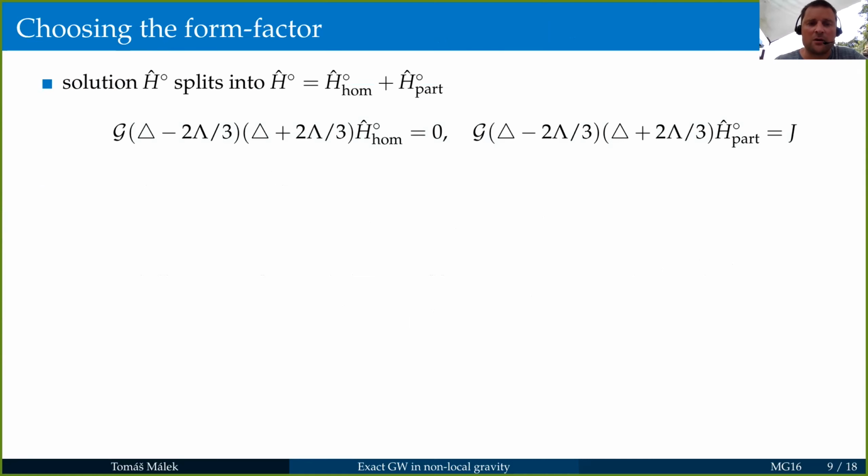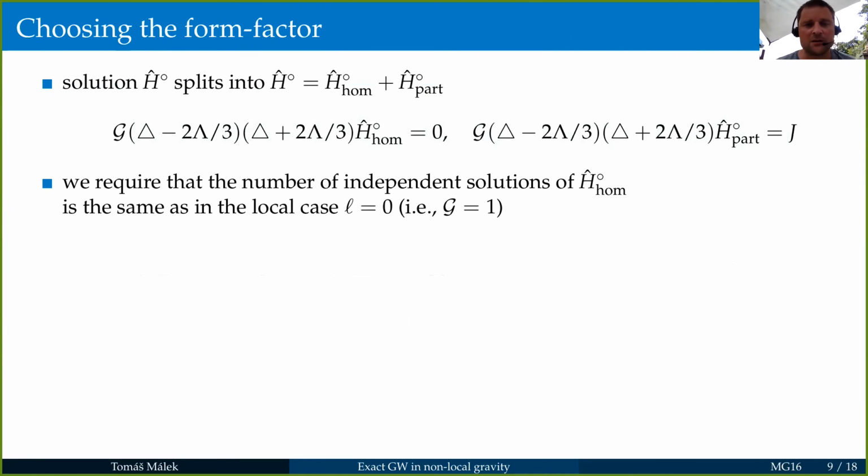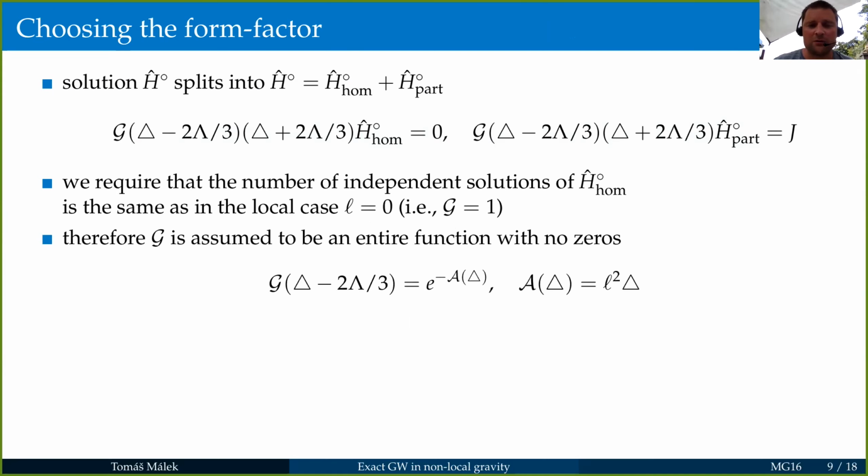So we will require that the number of independent solutions of the homogeneous part is the same as in the local case, where L, the parameter of non-locality, goes to 0. Therefore we require that G has no zeros, so it's the exponential of an entire function.